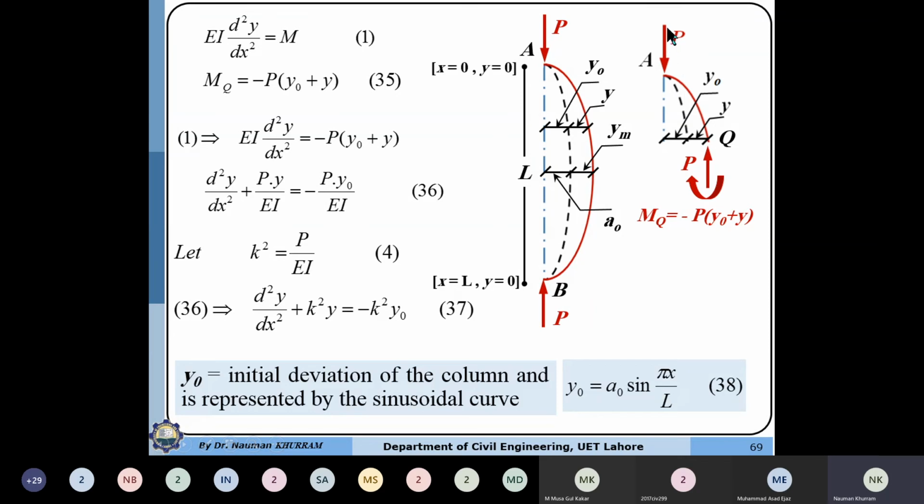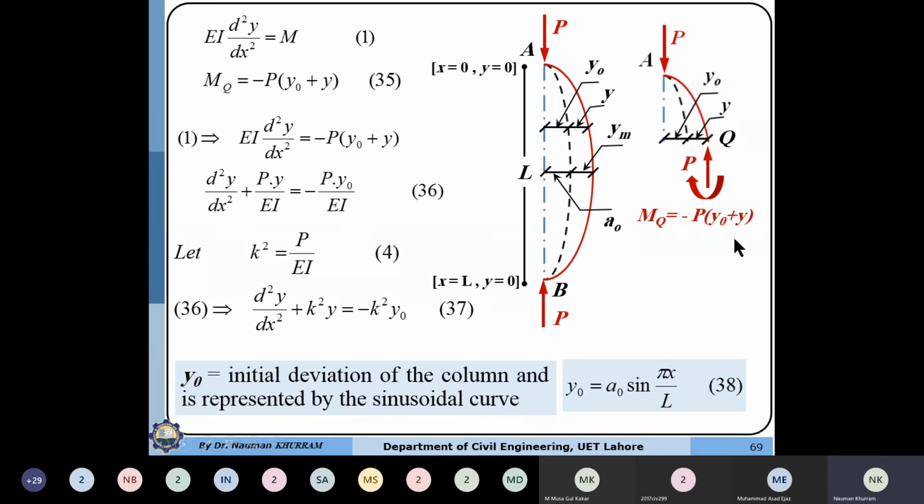If we apply the equilibrium condition, the sum of Fy equal to 0, this load P will be equal to this one. Similarly, taking the moment of the load P about this point Q, the moment will be equal to minus P into Y plus Y naught. The moment is negative because tension is on the right side.